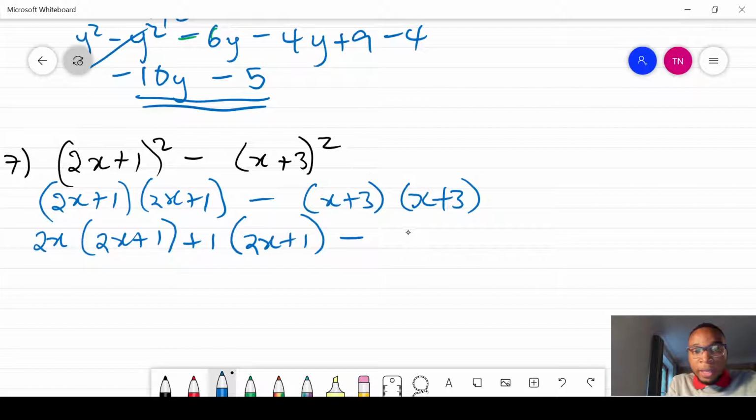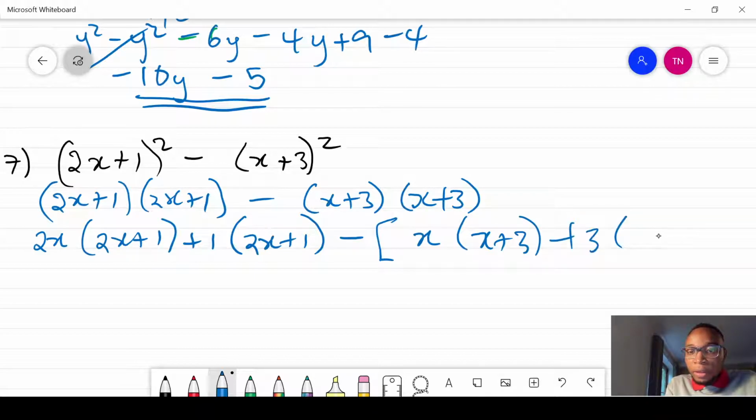So multiplying, we do the same expansion this side. So let's just have a big bracket here. Then we have x multiplying x plus 3. Then we have 3 multiplying x plus 3. Then we have another big bracket here.